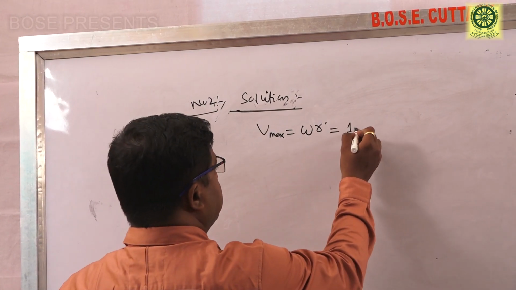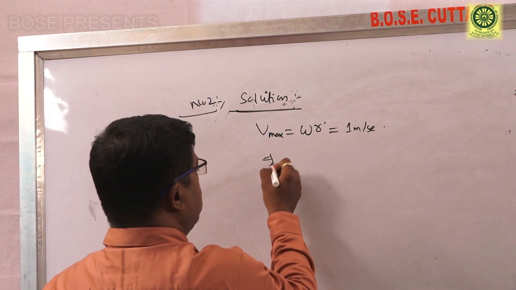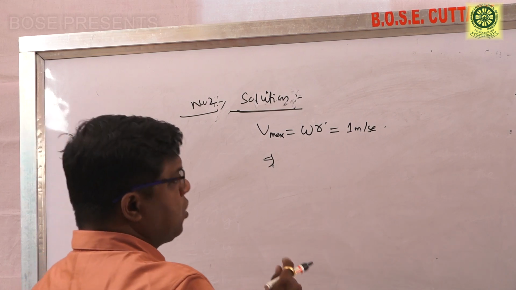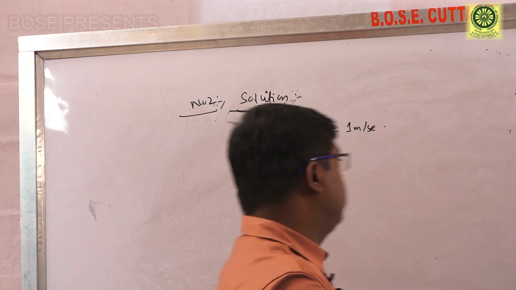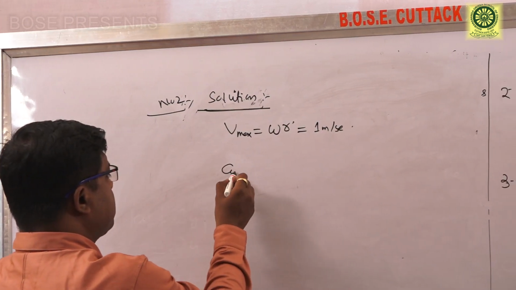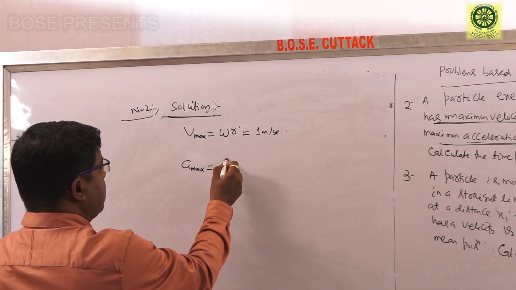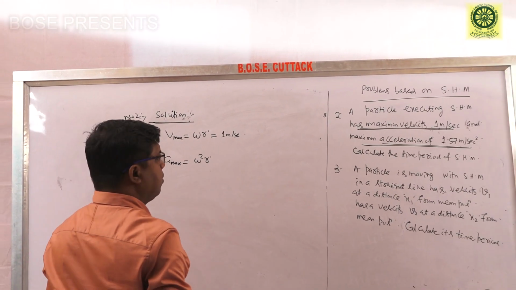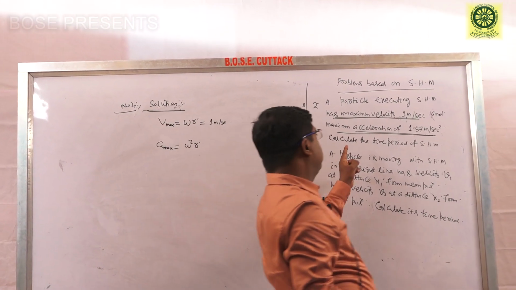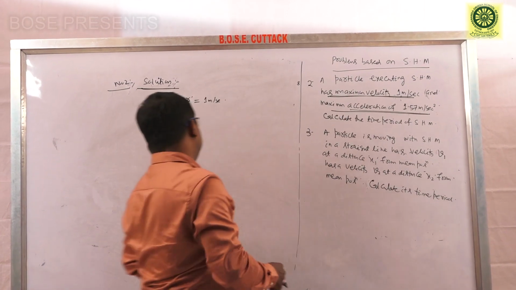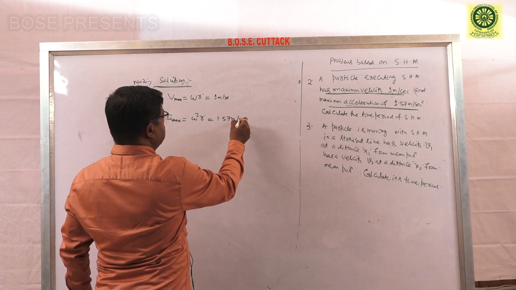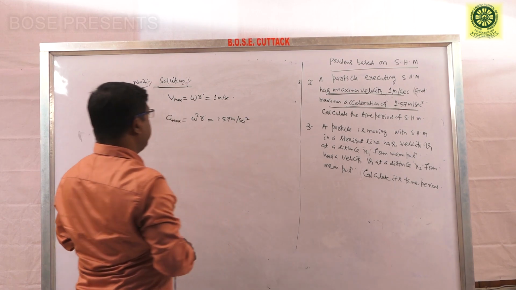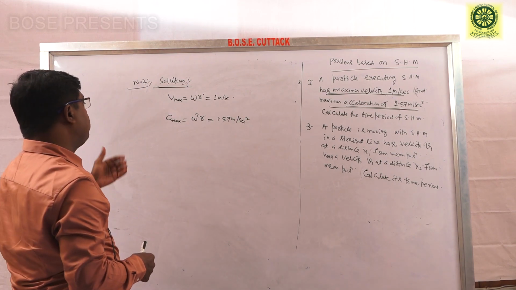The maximum acceleration of the particle in SHM is 1.57 meter per second square, so A max is equal to omega square into r. Then we calculate the time period.